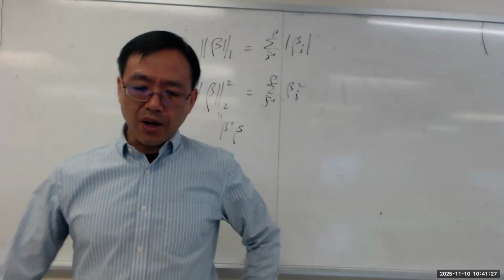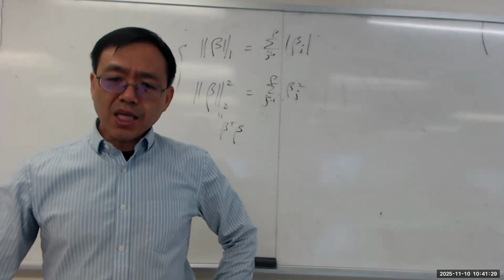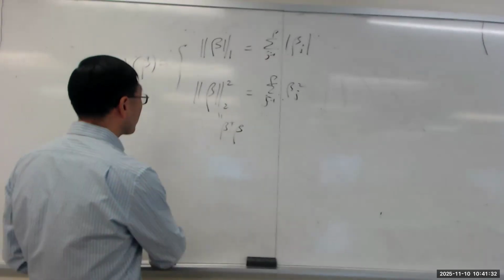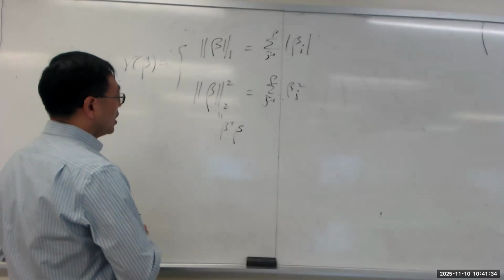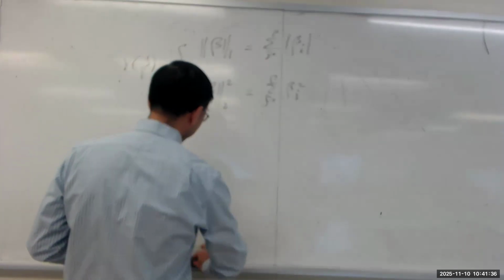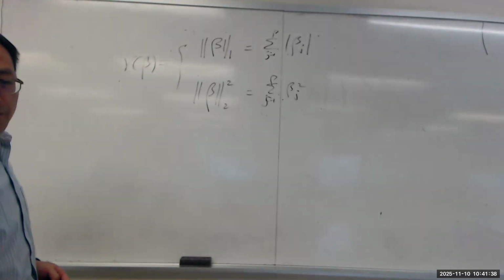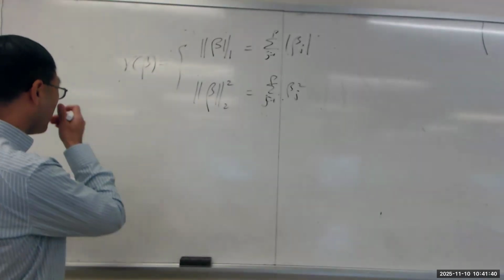Now, why do people want to do that? This is related to the so-called variance-bias trade-off.